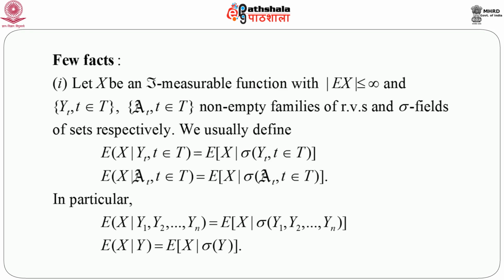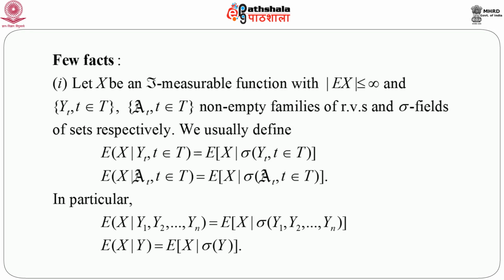Similarly, we can define the expectation of X given script A_t, where t belongs to capital T, equal to the expectation of X given the sigma field generated by these sigma fields, that is script A_t, where t belongs to capital T. That means, whenever we say the expectation of a random variable given another random variable, we usually mean the sigma field generated by that random variable.